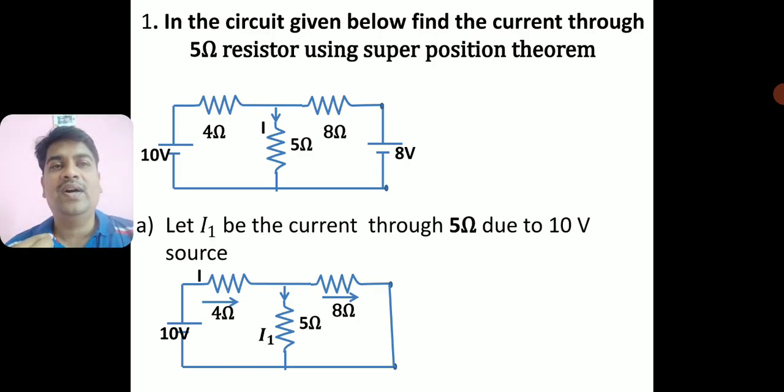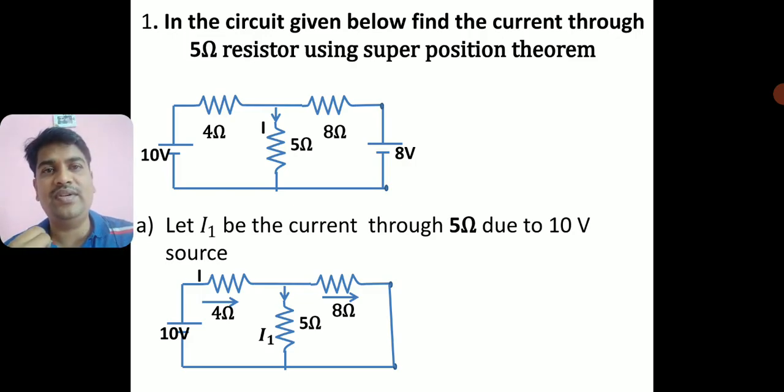So what does the superposition theorem say? The current or voltage in any part of the network is equal to the sum of the currents or voltages produced by each independent source. First, I take the 10 volt battery and short circuit the 8 volt battery.